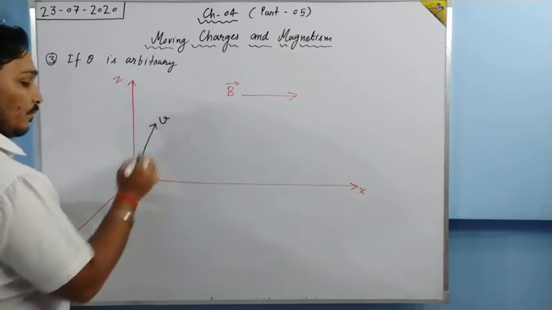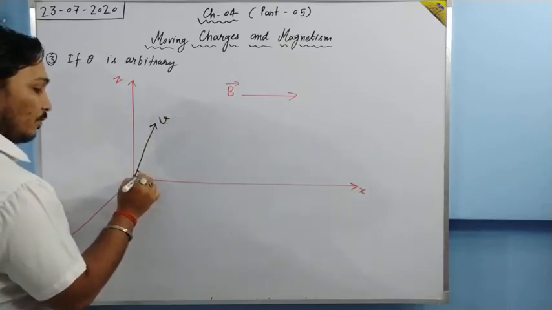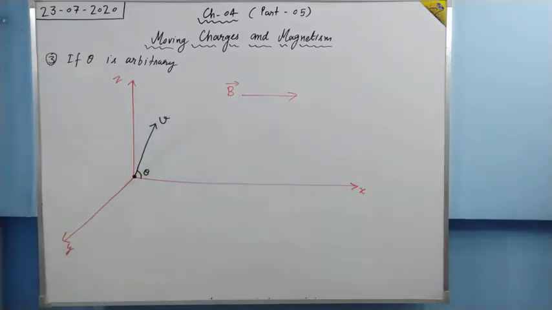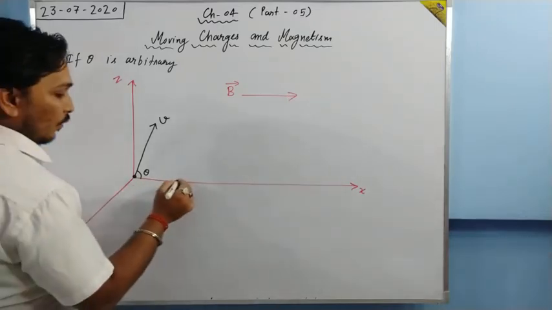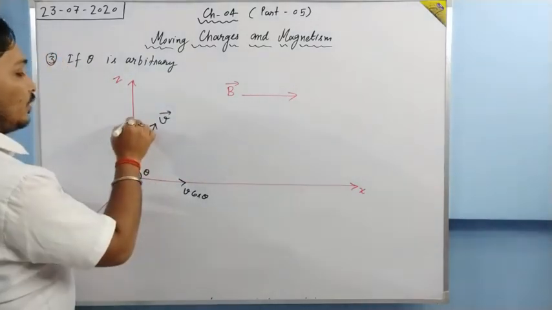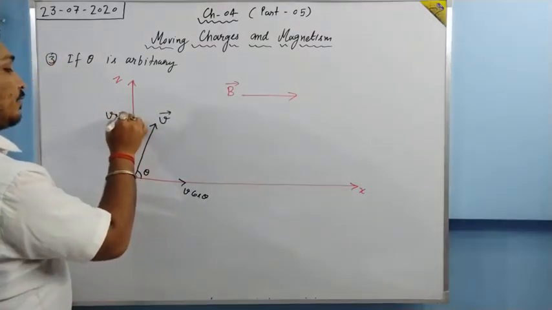Velocity v, the charge is at the origin, and let this angle be theta. The velocity will have two components now: one is v cos theta and another is v sin theta.